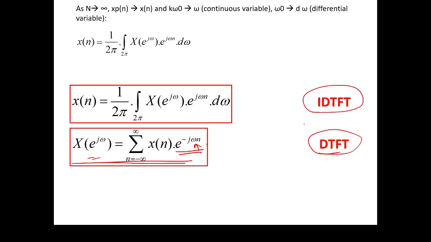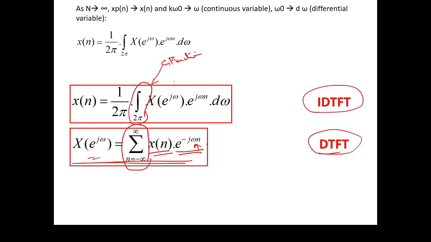Now, if you look into the IDTFT, what is happening? We are having an integration. Integration is a continuous process, applicable for continuous functions. So even though for the forward transform we are using the discrete equation, in the inverse transform we have to use a continuous function.